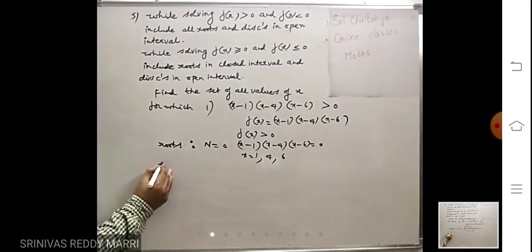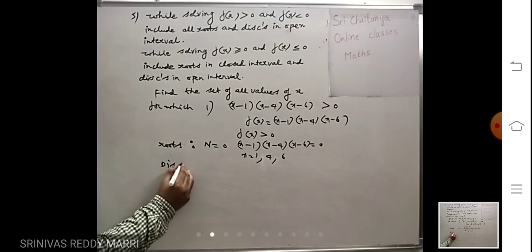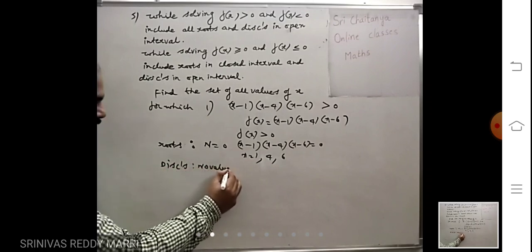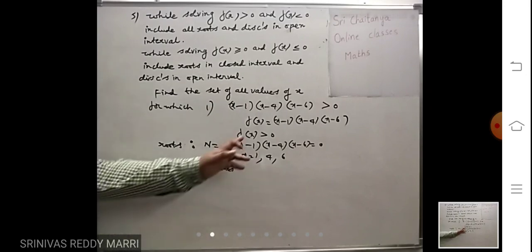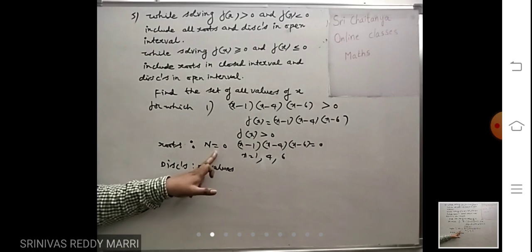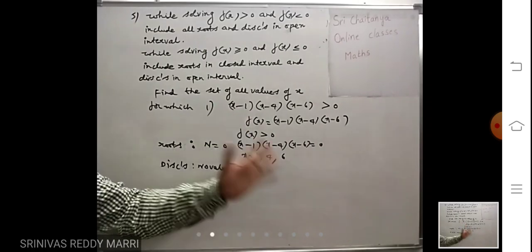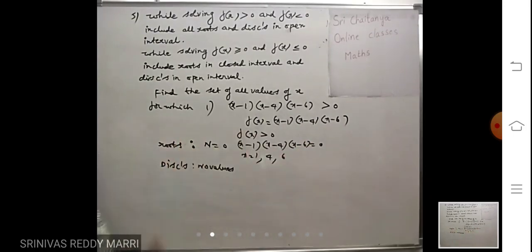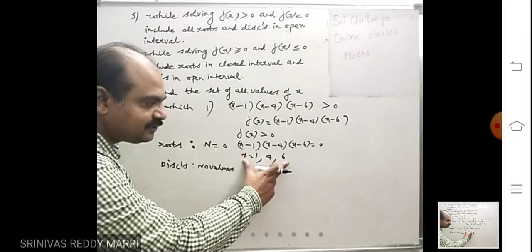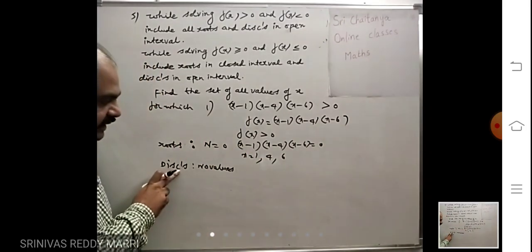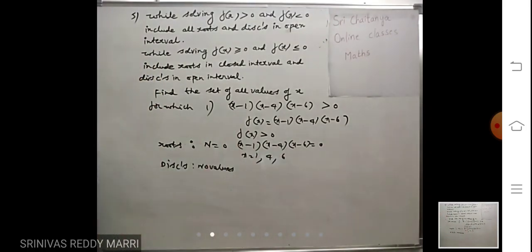These are roots. There won't be any discontinuities because the denominator is not there. If a denominator is there, you have to take those also. In this problem the denominator is not there, so don't take those. So only roots: 1, 4, 6.